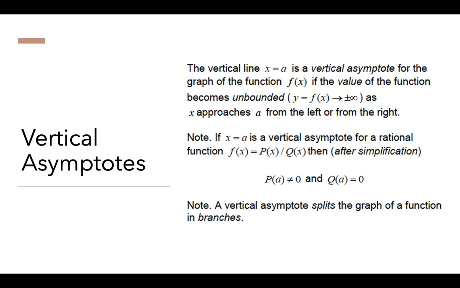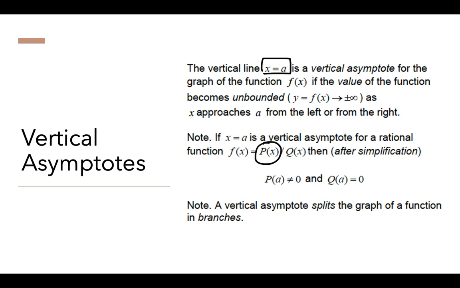Next, let's figure out the vertical asymptote. A simple way to find a vertical asymptote: you always represent it as x equals a constant number, and it's a line that a graph will never touch but approach. How do you find it?